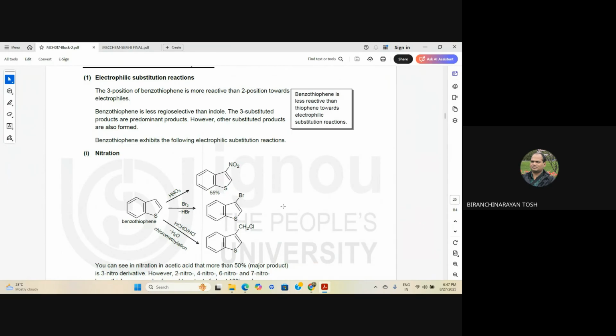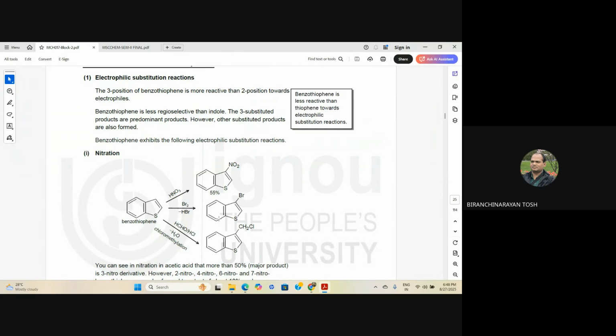So the nitration in acetic acid gives more than 50% of 3-nitro derivative, however 2-nitro, 4-nitro, 6-nitro and 7-nitrobenzothiophene are also formed to the extent of about 10% each.